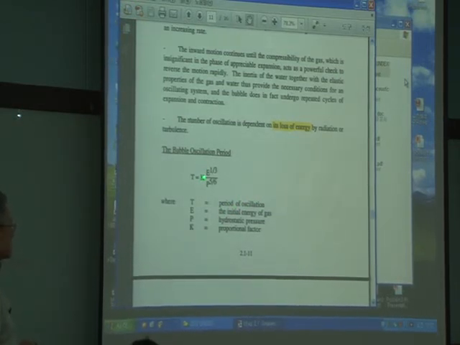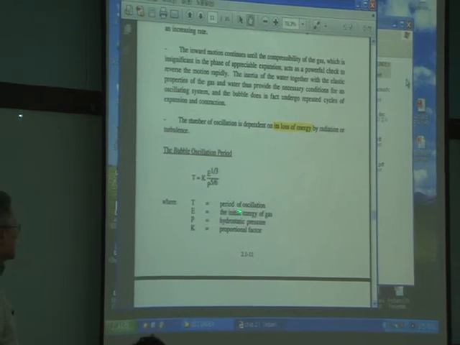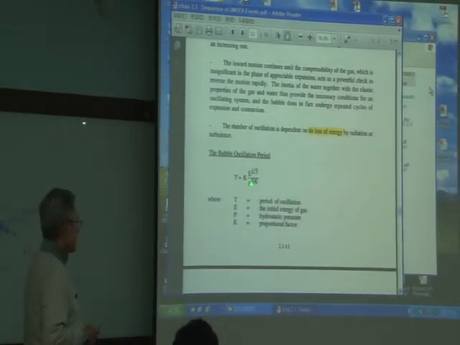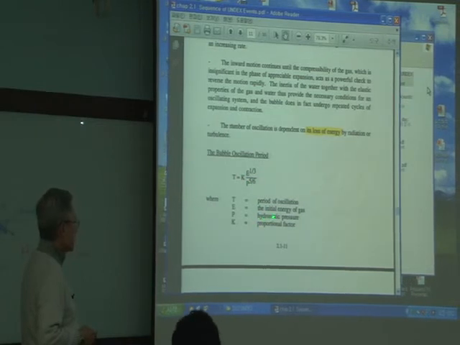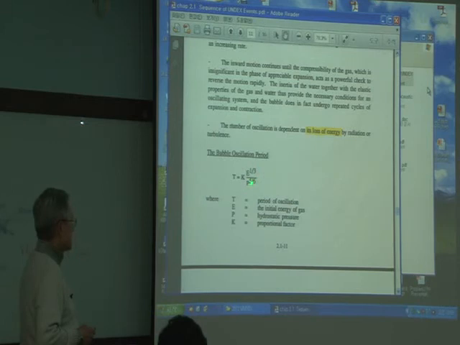K is a proportional factor, so T, the period of gas bubble oscillation, is proportional to E, the internal energy of the gas, to the 1/3 power, divided by P, the hydrostatic pressure, to the 5/6.